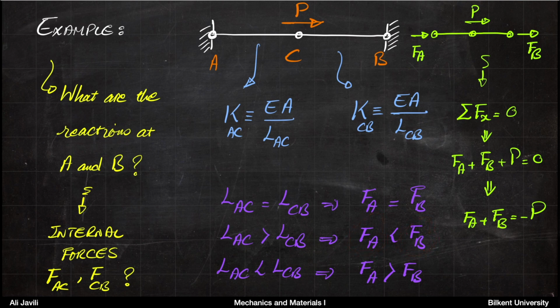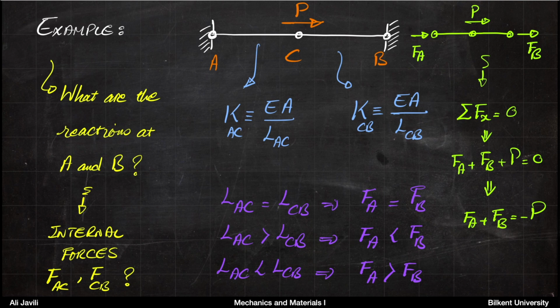For instance, you can think of an extreme where force P is applied right on top of point B. In this case, that means the whole length would be LAC. And you can imagine if you just apply the force P on top of point B, all of it would be taken by point B, and then point A would not feel anything.